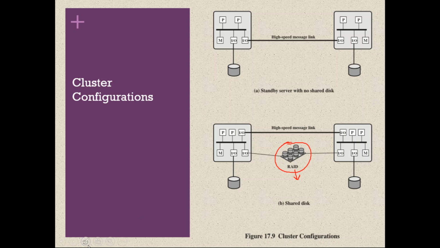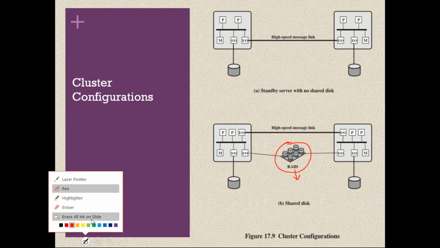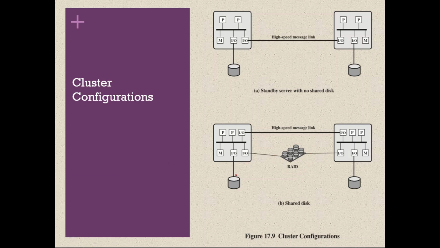So they can frequently copy their data here, so that if one of the machines fails, the other machine can take over. That is the main objective of a cluster. Why do we have so many machines? Out of all these machines, only one machine will act as a server.